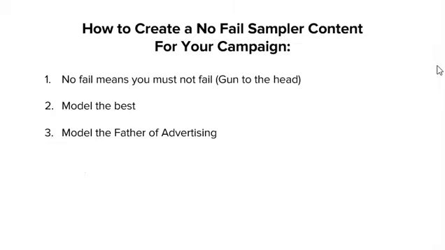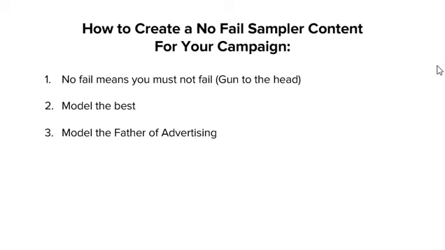So one of the things we discussed on day 3 is how you can create sampler and pre-sale content ads for your campaign. But since we're talking about gun to the head right here, how can you create a no-fail sampler or pre-sale content ad for your campaign? Number 1, by no-fail I mean it has to work. Number 2, the way you do it is by modeling after the best people.